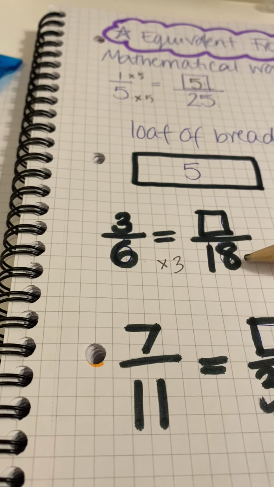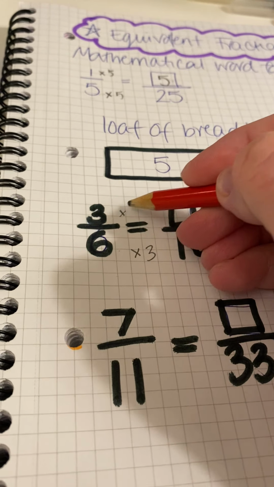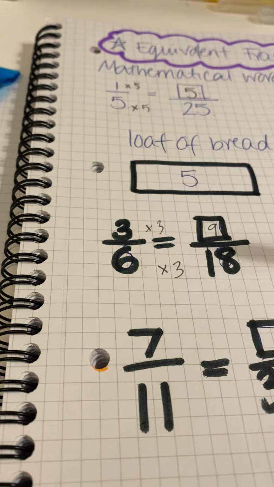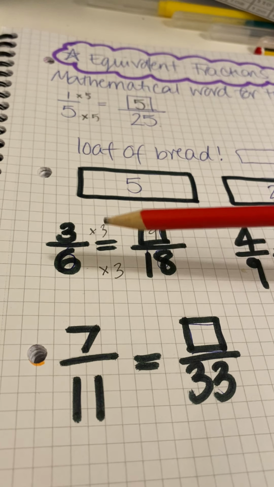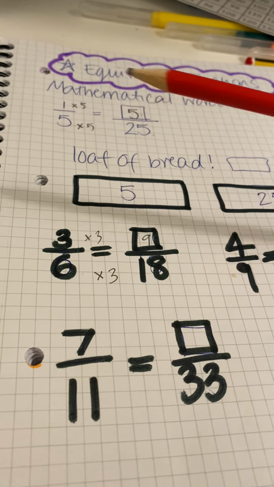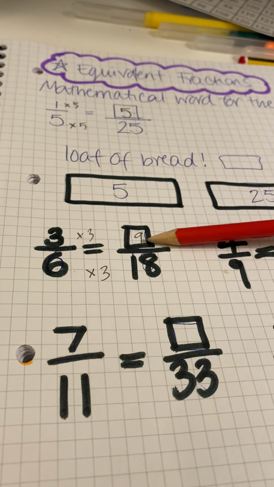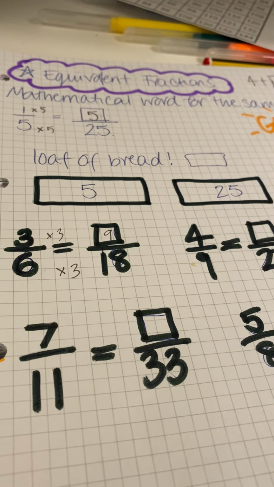Whatever you do to the bottom, you have to do to the top. So we need to times the top by 3 as well, and that gives us 9. That means if I sliced my loaf of bread into 6 and you sliced yours into 18, if I ate 3 of my slices, you would have to eat 9 of your slices for us to eat the same amount of bread.